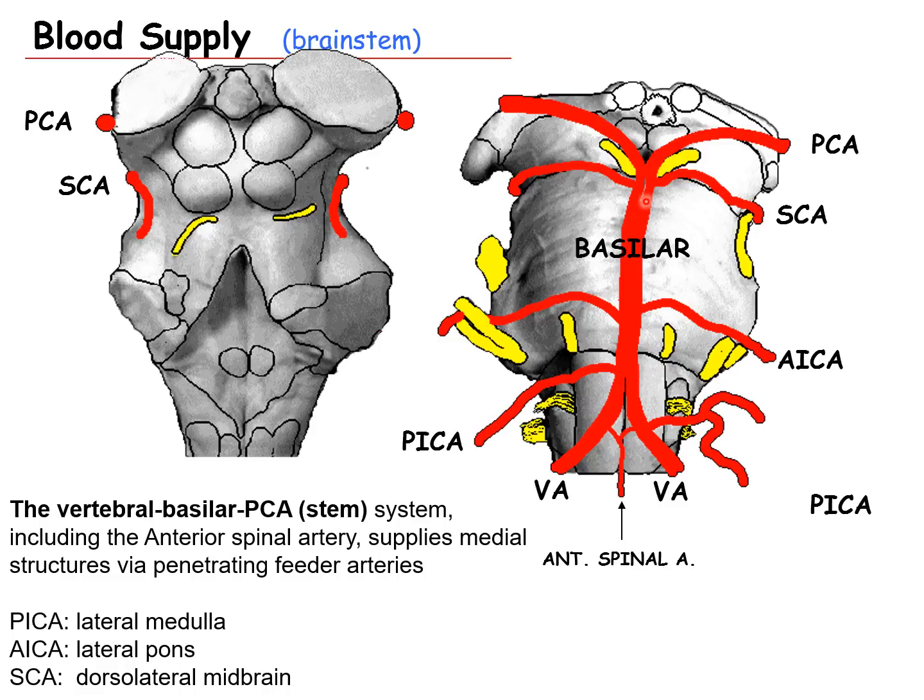The basilar artery is the major trunk here, and then you see the AICA coming off at the pons, the superior cerebellar artery at the ponto-midbrain border, and the posterior cerebral arteries being the termination of the basilar artery, going out to lateral portions of the hemisphere and to the occipital cortex.